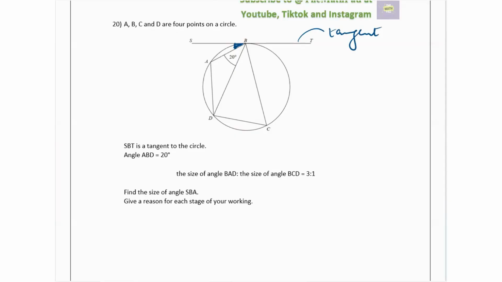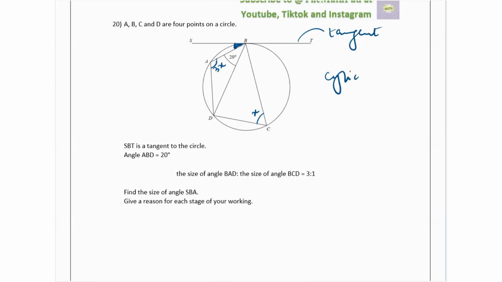And what else do we know? The size of angle BAD, this angle, and BCD. So if this is X, this is 3X. 3:1. So if you notice, the quadrilateral ABCD, it's a cyclic quadrilateral.